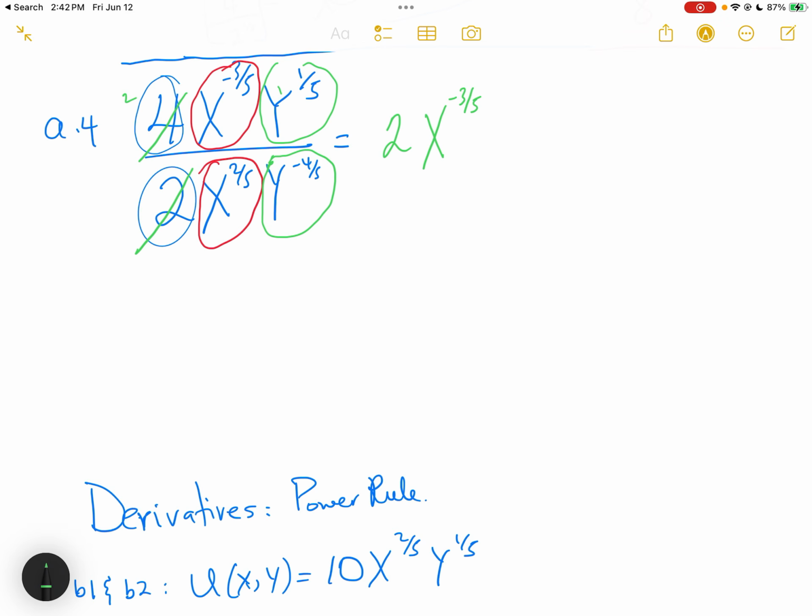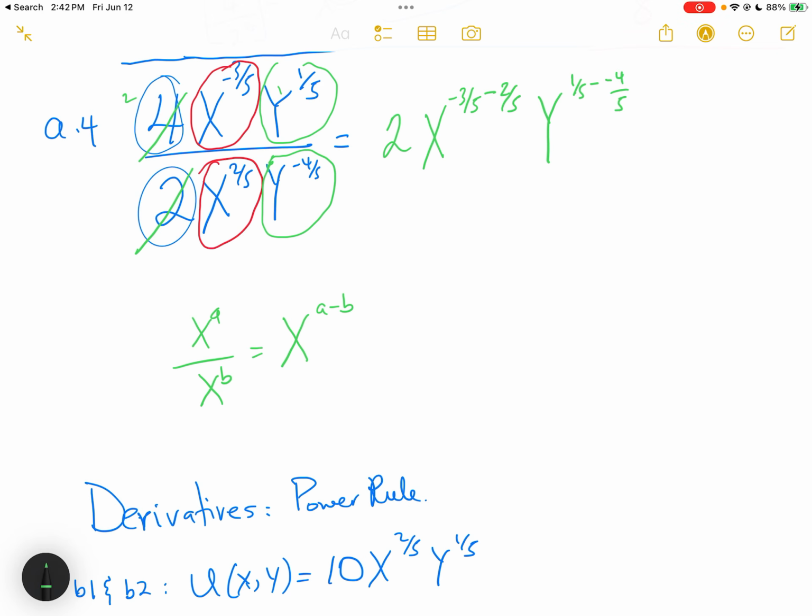Well, when you have x to the power a divided by x to the power b, you can rewrite that as x to the power a minus b. So I'm going to do that. Minus 2 over 5. And then for the y, I have y to the power 1 over 5 minus negative 4 over 5.